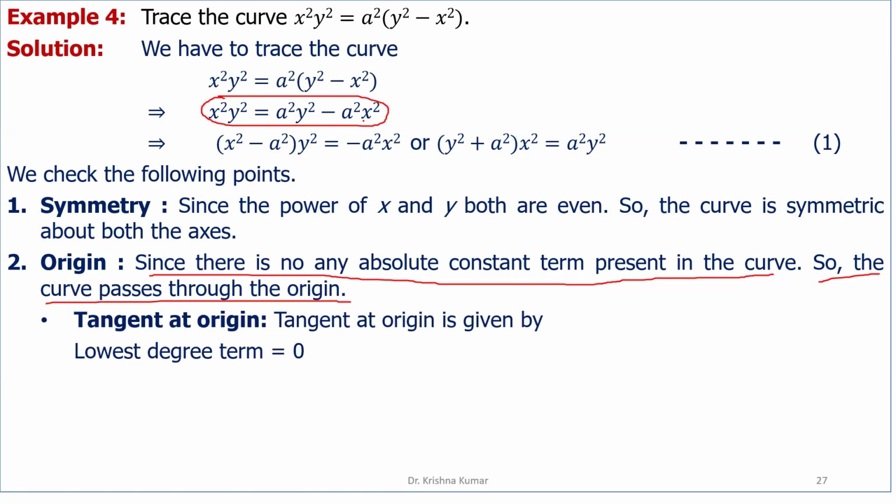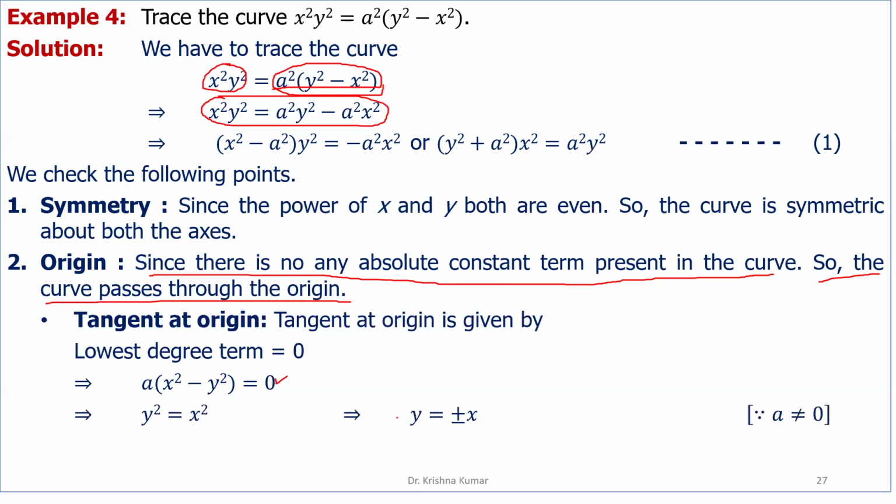So what is the lowest degree term here? The first term has power 4, and this is the lowest degree term whose degree is only 2. So a²(x² − y²) = 0, which implies y² = x², which gives us y = ±x.